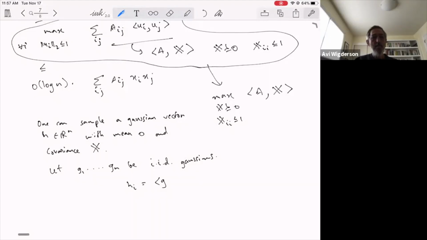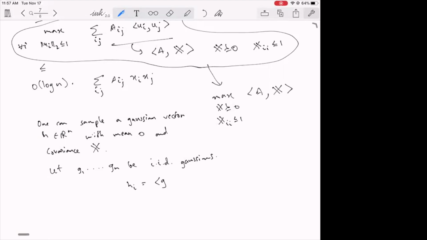Exactly. For technical reasons, what I'm saying is a little bit imprecise, but implicit in what I'm going to say, and what Avi was mentioning, is the following rounding strategy.